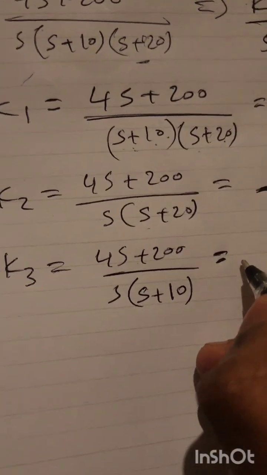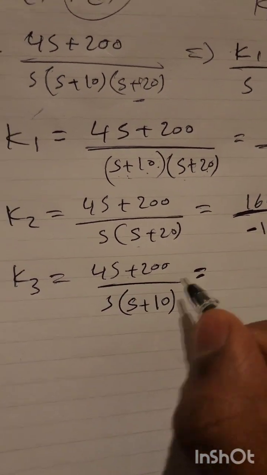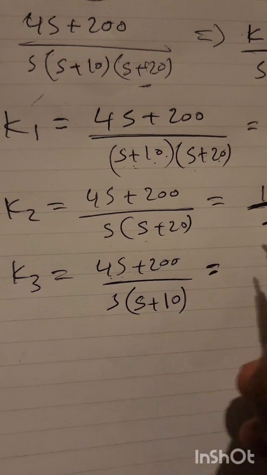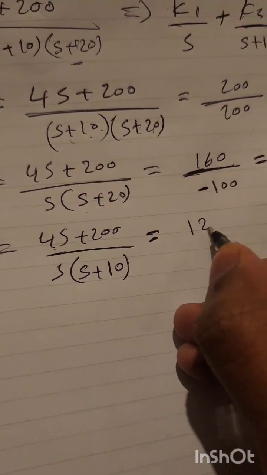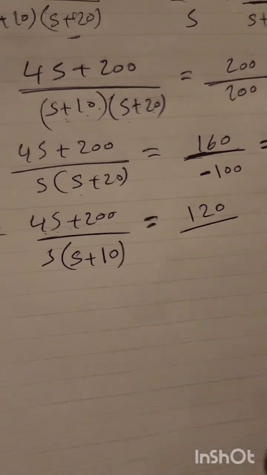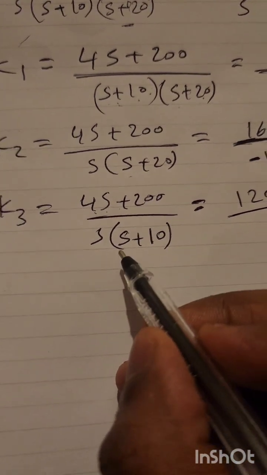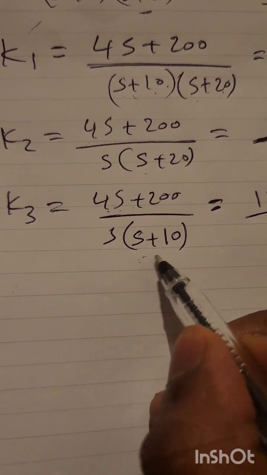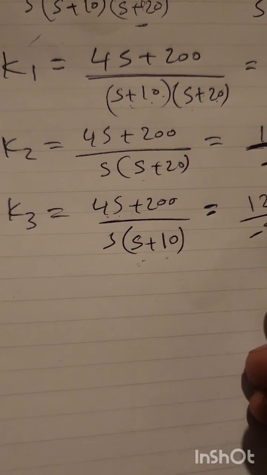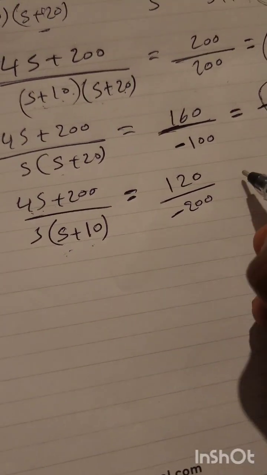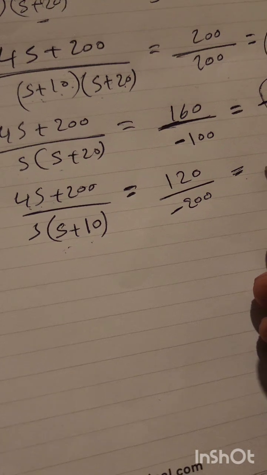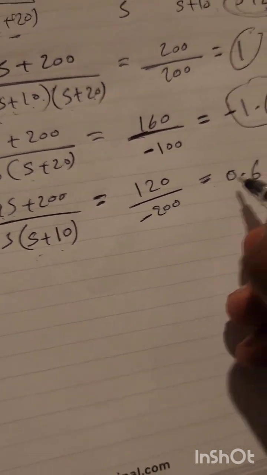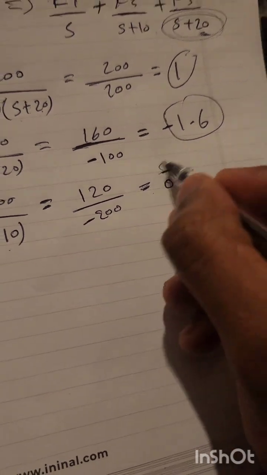So 4s where s is minus 20 is minus 80, plus 200 gives 120. And we have here minus 20, minus 20, so it's going to be minus 200, and it's 0.6 with a negative sign.